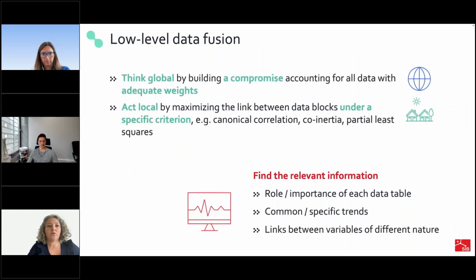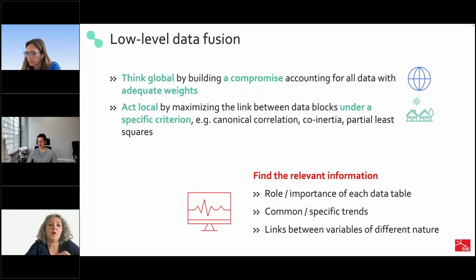So with the low-level data fusion, where you integrate directly your different matrices of data, you can think global because you are building a compromise that accounts for all data, setting adequate weights between the blocks.